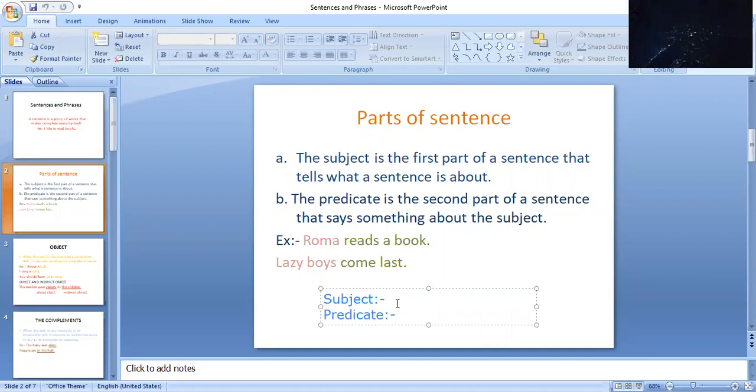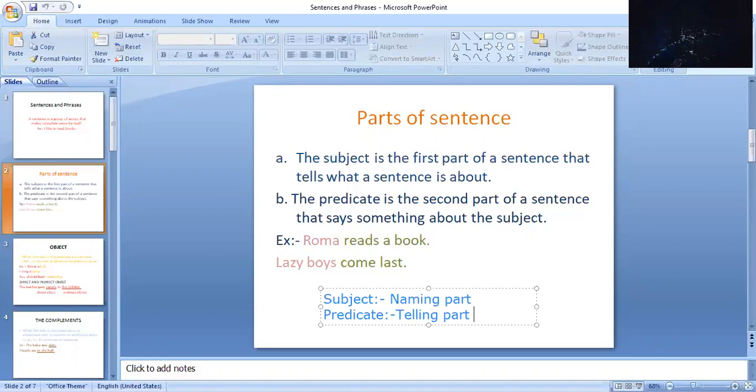Now you can ask, ma'am, what is the subject? The subject is the naming part of the sentence. Then what is the predicate? The predicate is the telling part of the sentence.